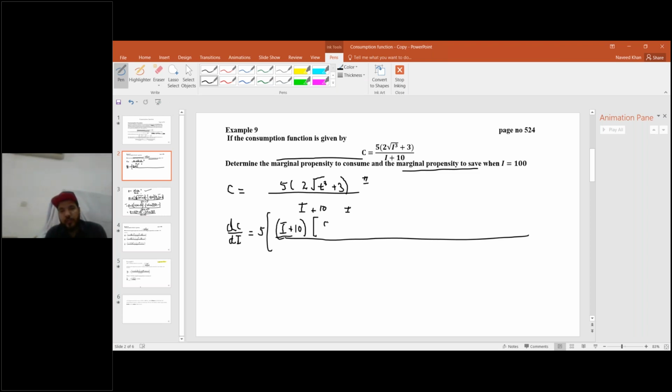Derivative of the second function means d by dI, because we are differentiating with respect to income.